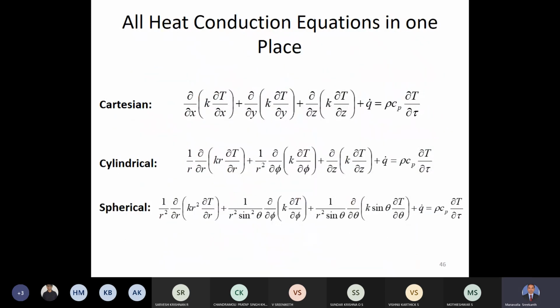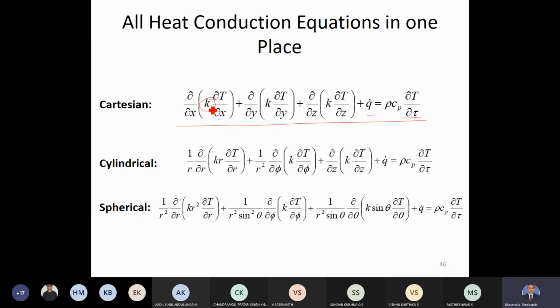Since we are given the temperature distribution in terms of x, y, and z, we can assume that it's in Cartesian coordinates. So this is the three-dimensional heat conduction equation in Cartesian coordinates, including heat generation and the time dependence of temperature. You can see here the k is inside the brackets, inside the derivative dou by dou x.